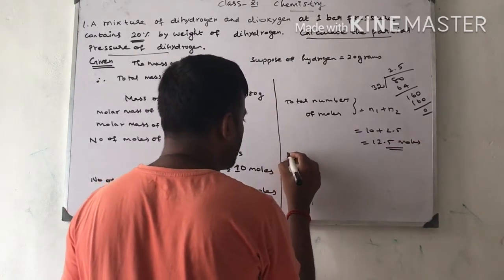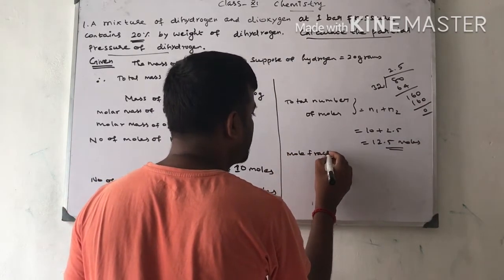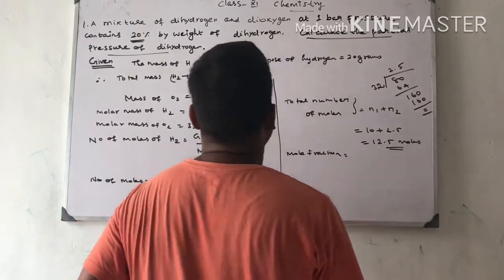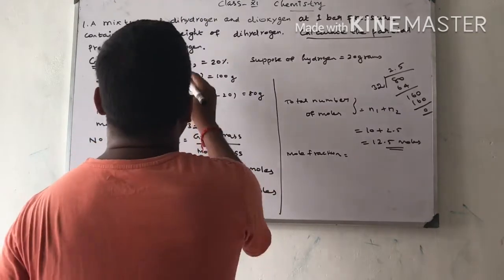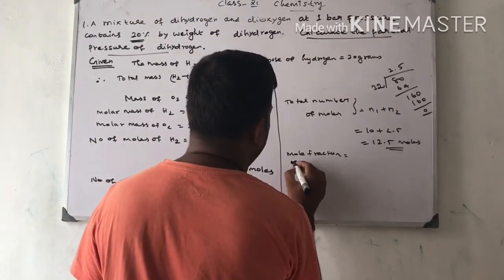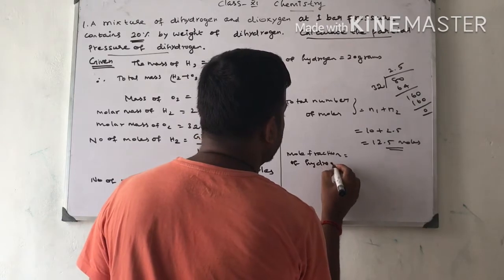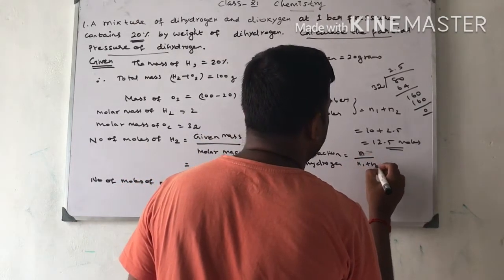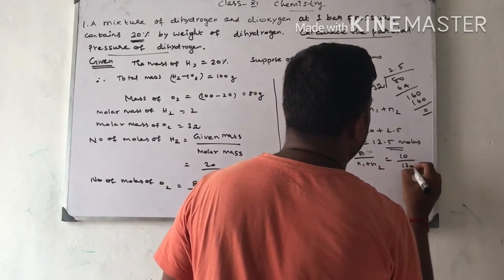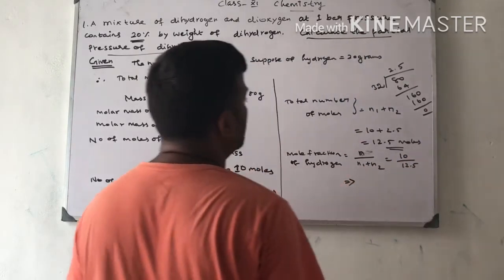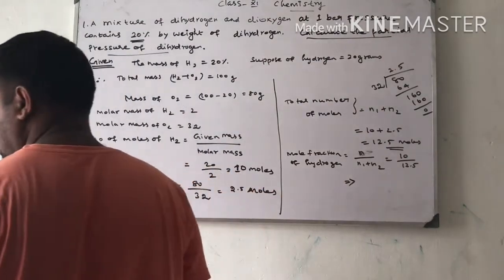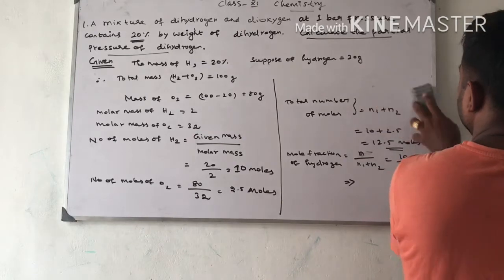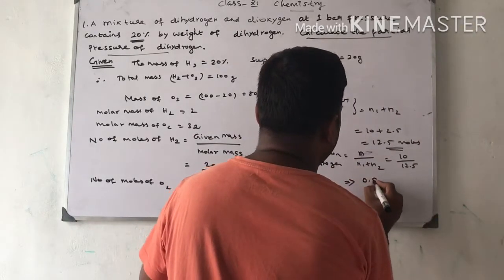Mole fraction: they ask only for dihydrogen, so mole fraction of hydrogen is equal to N1 by N1 plus N2. Therefore 10 by 12.5. This is the mole fraction. It gives the value of 0.8.